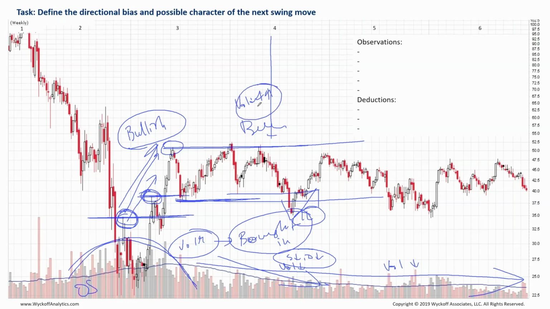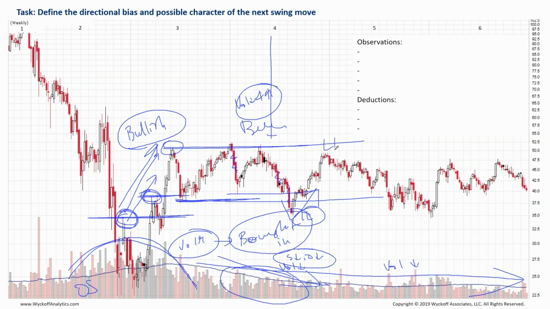So I would be okay here, thinking that the reaction was not that aggressive in terms of the result or the character of the volume. It was aggressive in the character of the price spread, but not necessarily in the way it unfolded here. The quick recovery was suggestive of the rally.